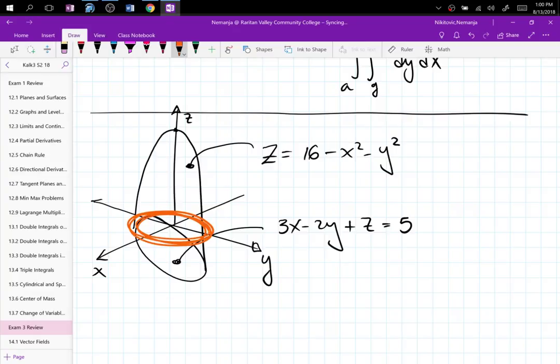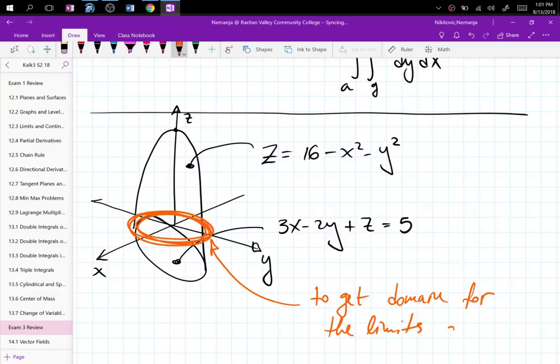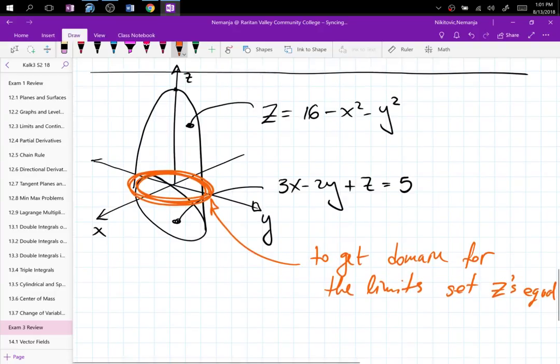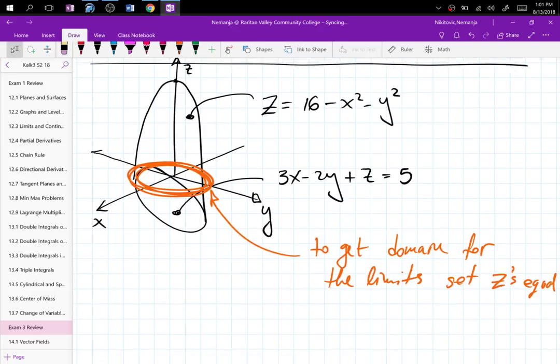To get a domain for the limits, set the z's equal, that's what we have.